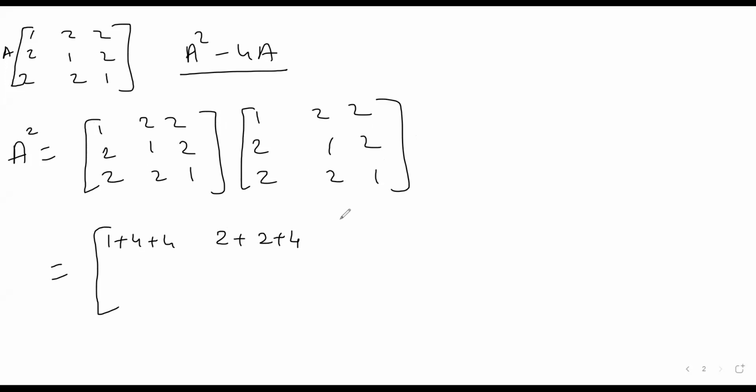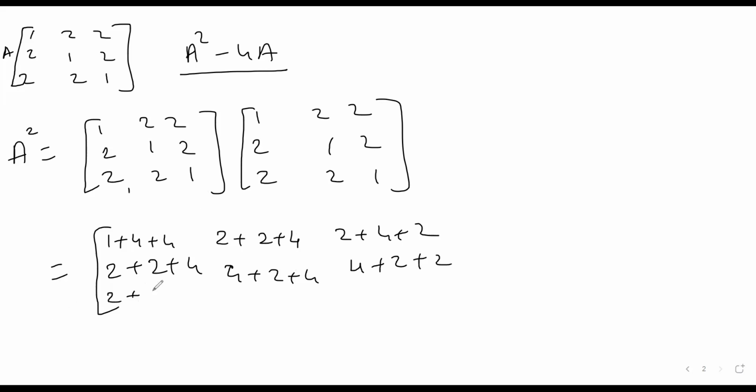Then first row with the third column, 2 plus 4 plus 2. Then second row with the first column, 2 plus 2 plus 4. Then second row with the second column, 4 plus 2 plus 4. Then second row with the third column, 4 plus 2 plus 2. Third row with the first column, 2 plus 4 plus 2.